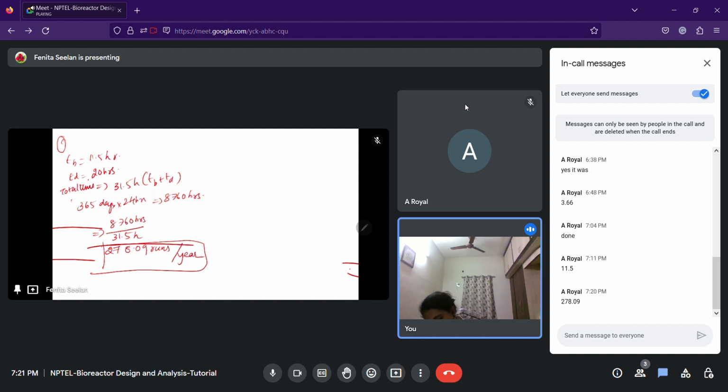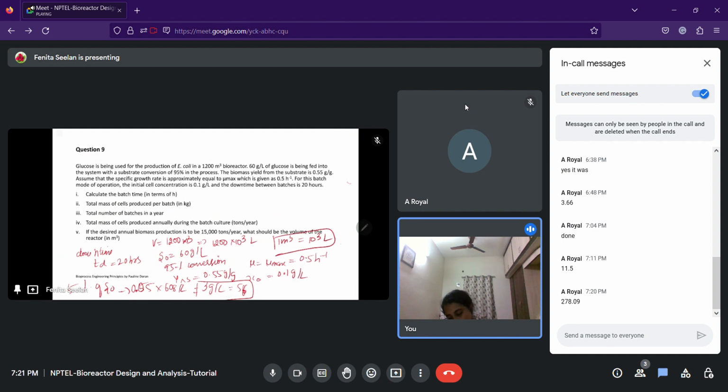And for the question D, total mass of cells produced annually during the batch culture. We should mention in terms of tons per year.